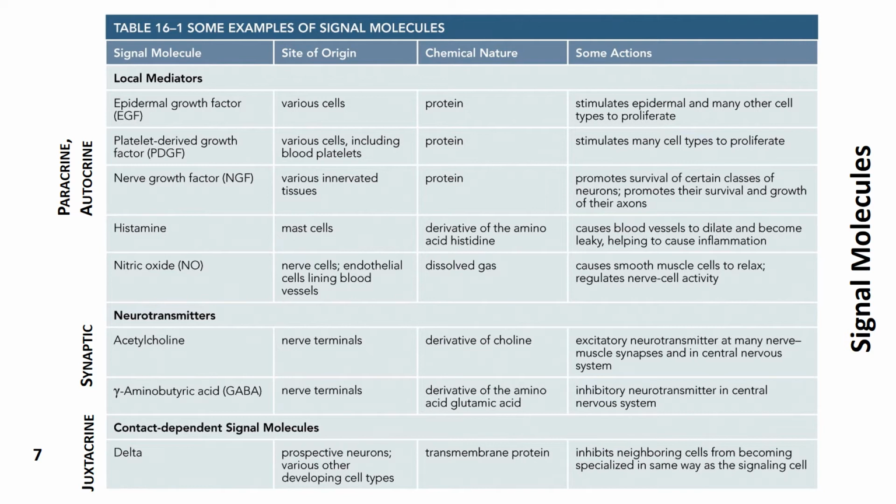Examples of synaptic signaling molecules are acetylcholine or GABA. And one example of a juxtacrine signaling molecule is delta, the transmembrane protein that interacts with the Notch receptor on adjacent cells.